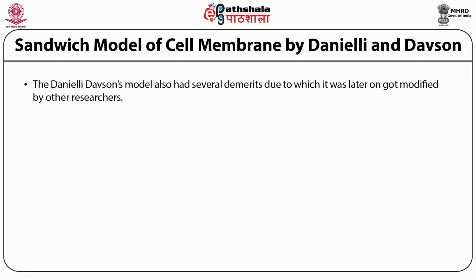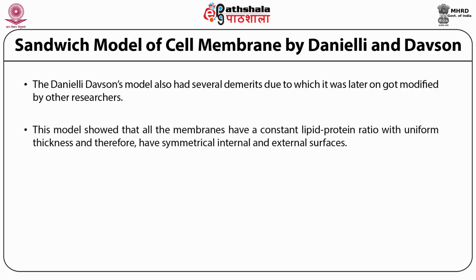The Danielli-Davson model also had several demerits, due to which it was later modified by other researchers. This model showed that all the membranes have a constant lipid to protein ratio with uniform thickness and therefore have symmetrical internal and external surfaces.